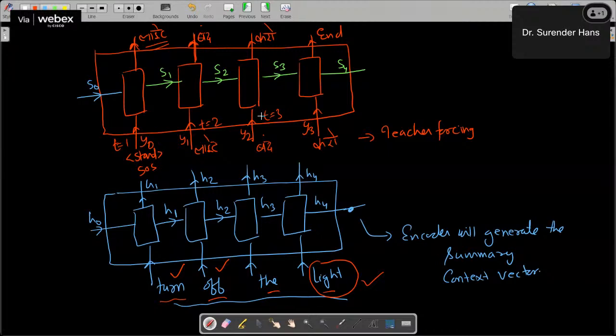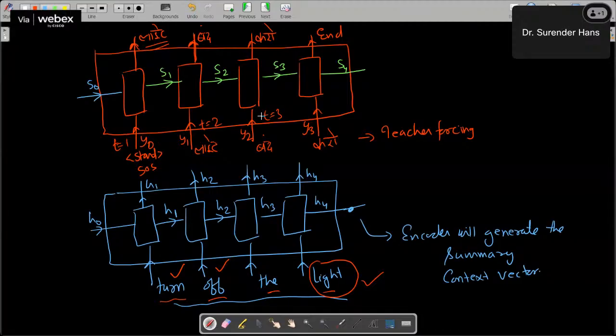So this is the concept using which human beings perform translation from one language to another language. So we pick some keywords, and based on the keywords, we make one summary.